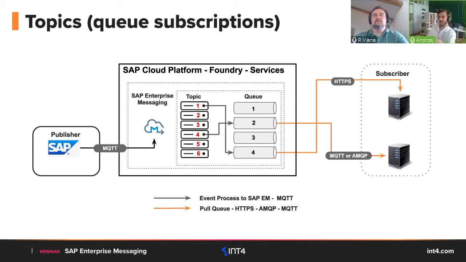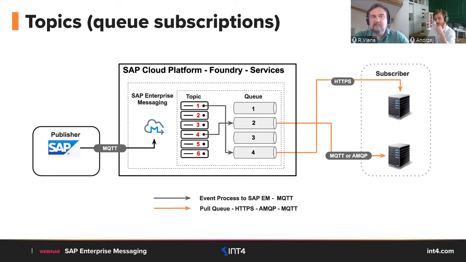They collect an event and distribute it to the queues, which store the event and distribute it further. Of course, you can have multiple subscribers to one event. So you can have one topic assigned to many queues, which represent our subscribers. And this is the most common case.